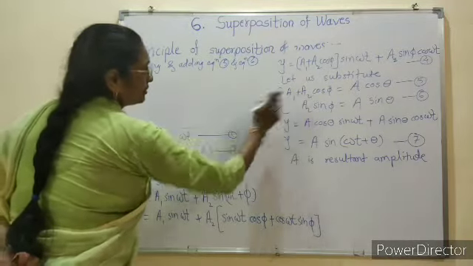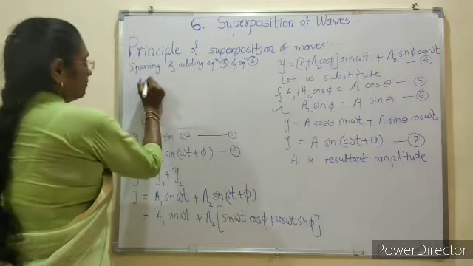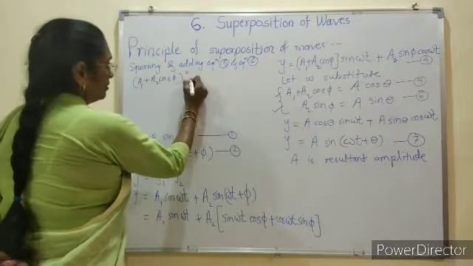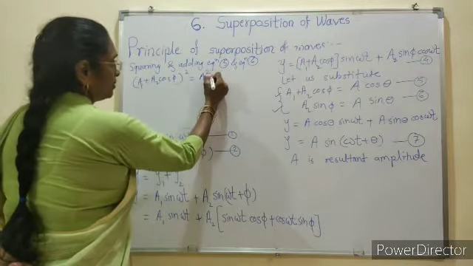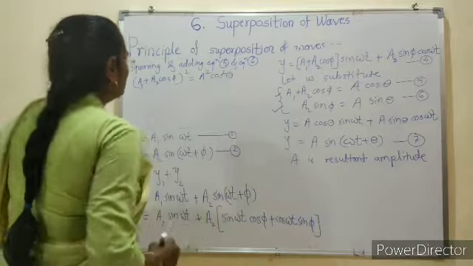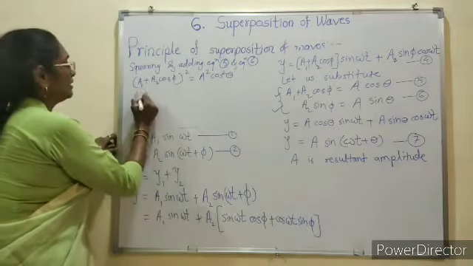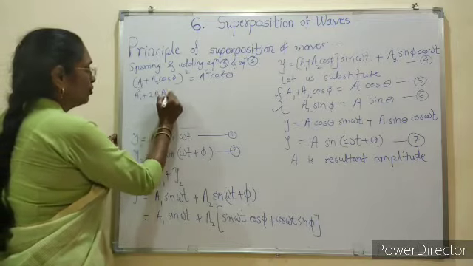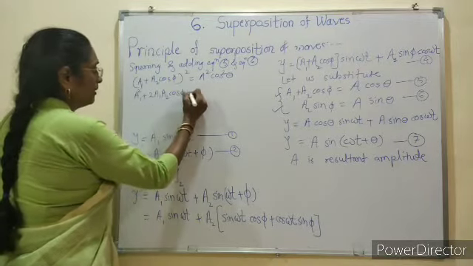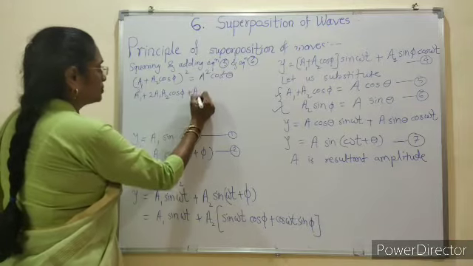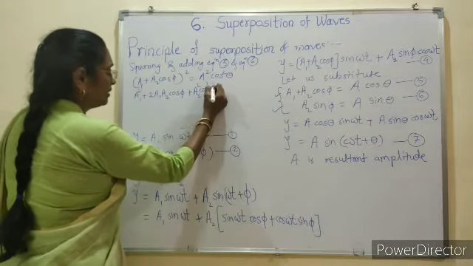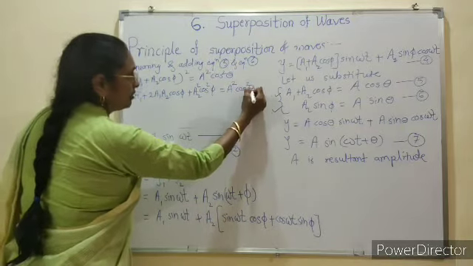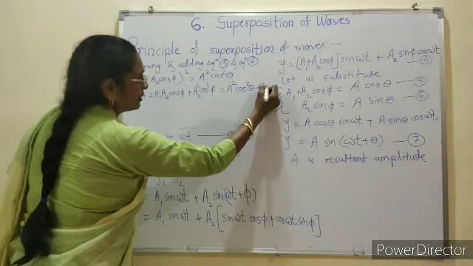First we square equation 5: (A1 plus A2 cos phi) whole square is equal to A square cos square theta. This square we easily write as A1 square plus twice A1 A2 cos phi plus A2 square cos square phi, equal to A square cos square theta. This is our equation number 8.